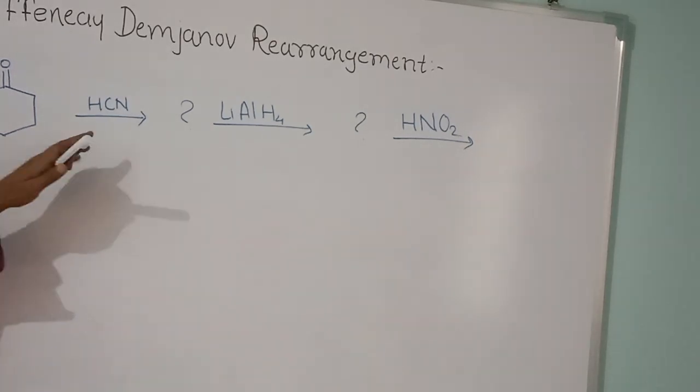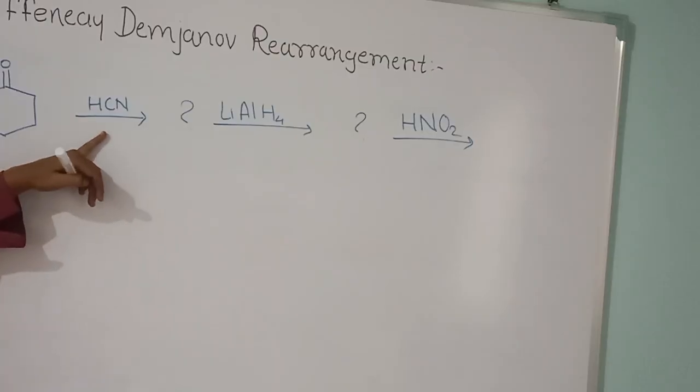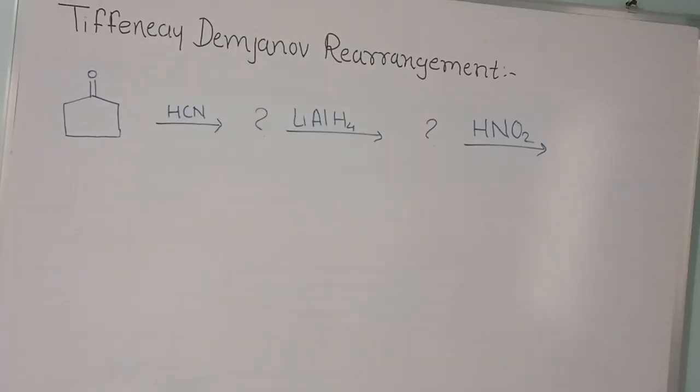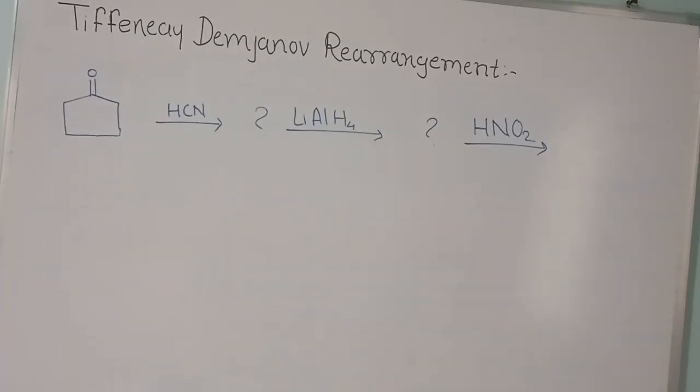Here cyclic ketone is treated with hydrogen cyanide. This type of question is asked in examination. Here your cyclopentanone is reacted with HCN, then question mark, then lithium aluminum hydride, again question mark, and HNO2.